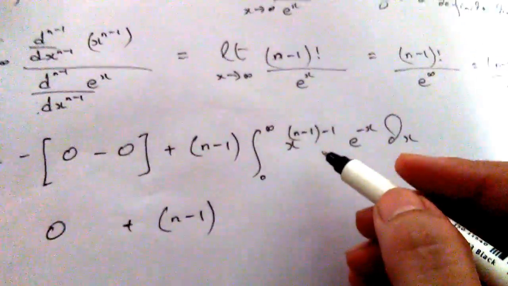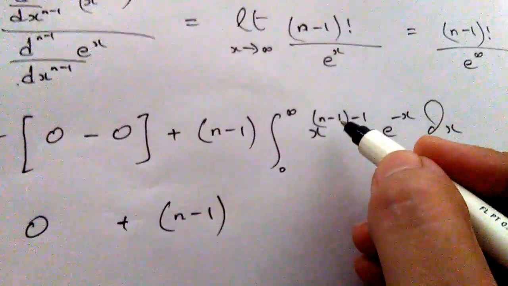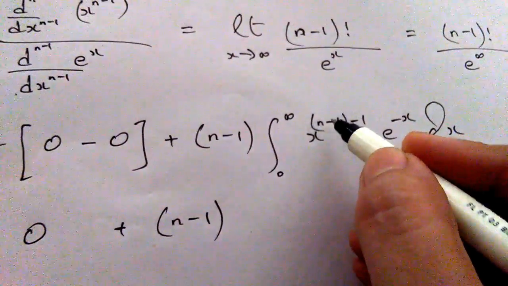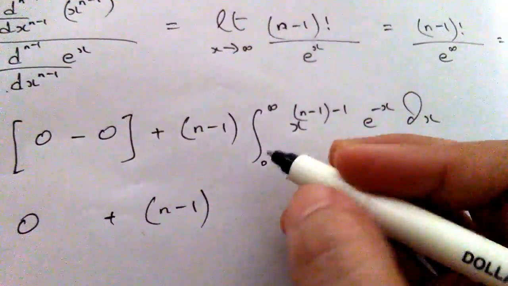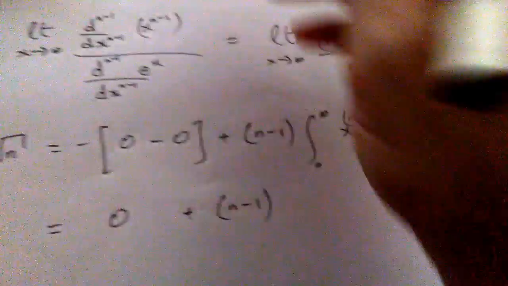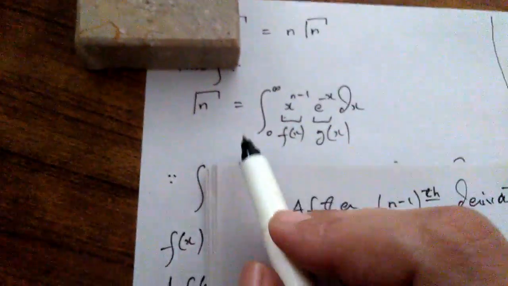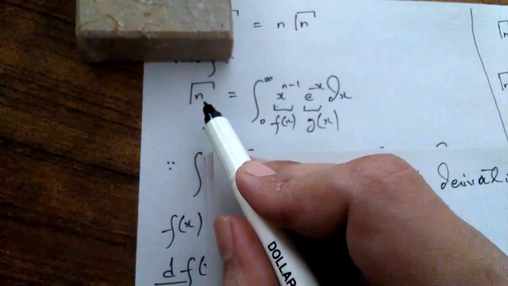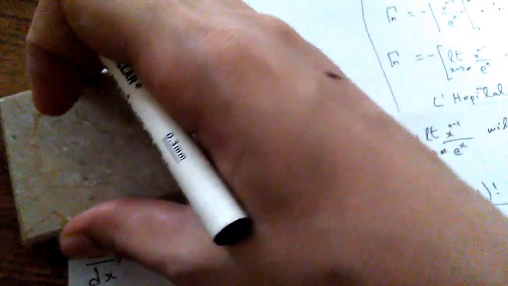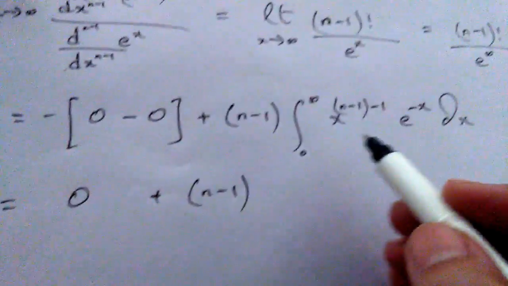Now you can notice here that whatever the value you have in this integral, you just express it inside a gamma function. If you can see the formula, whatever value you have here, you express it inside a gamma function. That's what I'm going to do over here.